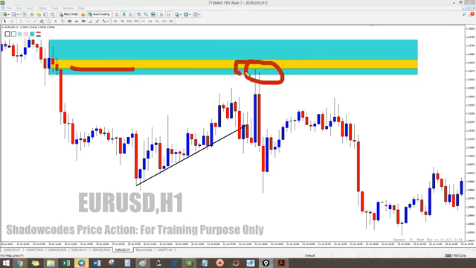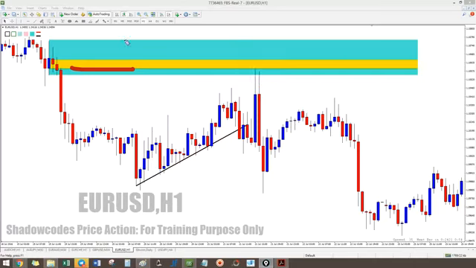Okay. Over here is our first imbalance. And over here is where we wait for rejection. Where will we be entering? Over here. Okay, we will take our entry here on this red candle. I think this one is not so good.